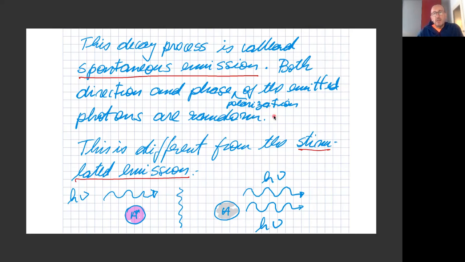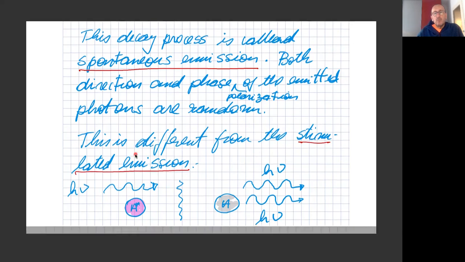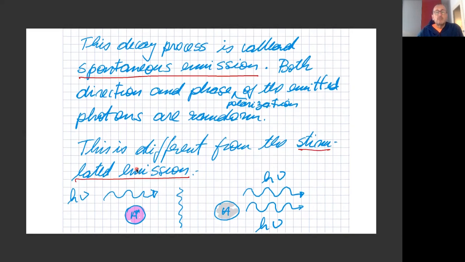What I have just described is different from what I'm going to describe now. What I'm going to describe now is the situation of stimulated emission. Okay, what is stimulated emission?